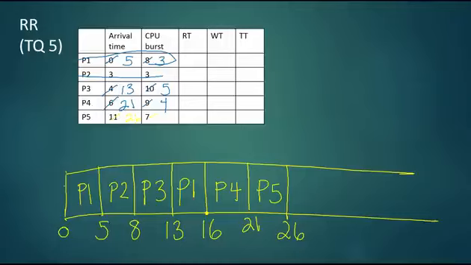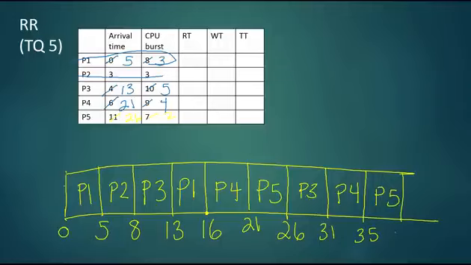I hope you can see that enough. Now the current time is 26, and we have P3, P4, and P5, so now it's pretty simple to just run them in that order. P3 got there at time 13 and has 5 time units left. P4 has 4 time units left, and P5 has 2 time units left.